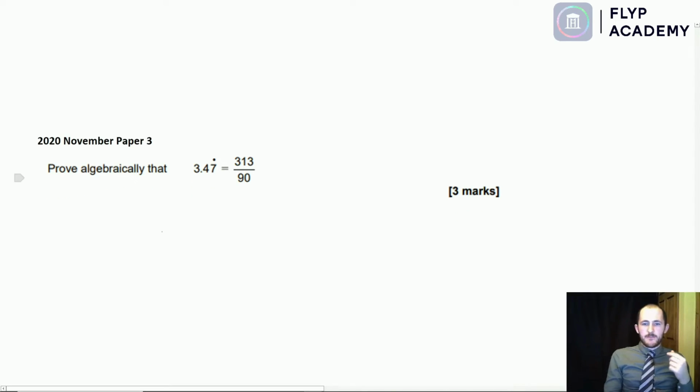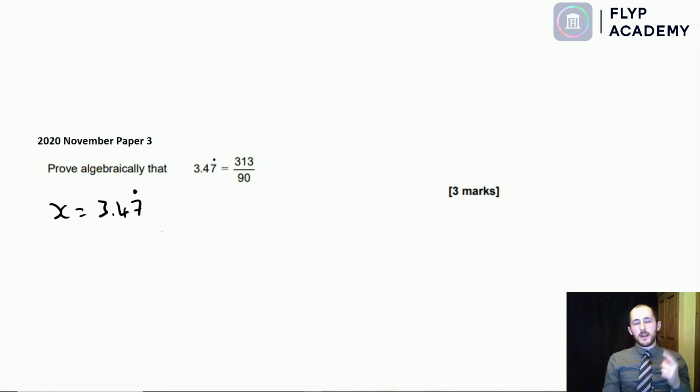So if I say that x is equal to my number, what I need to do now is get rid of the recurring decimal. So what I do is I times this by however many digits are before the 7, the recurring number. So 1, 2, I times it by 100.